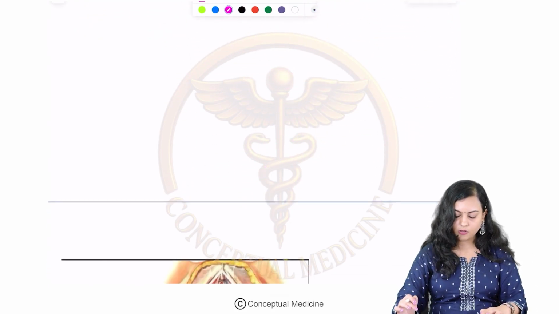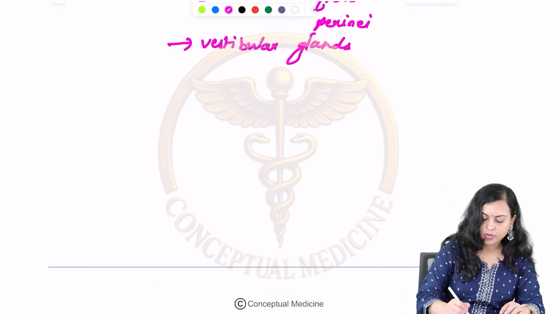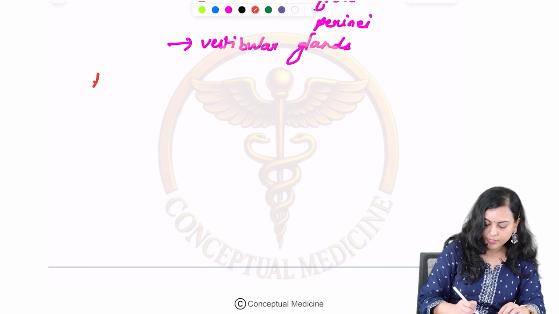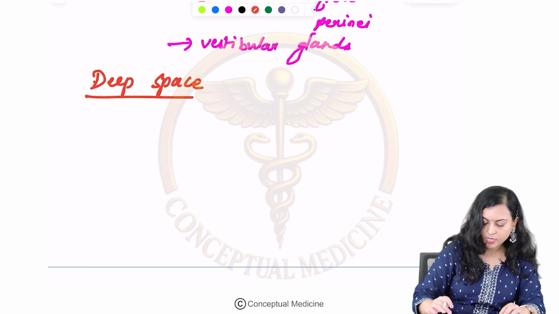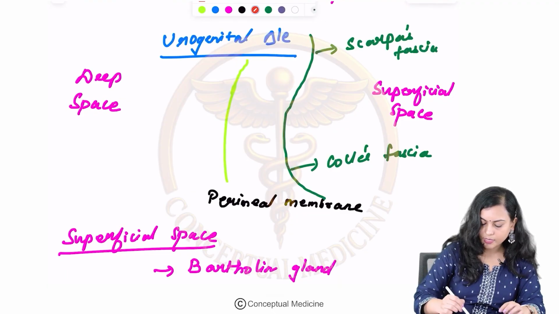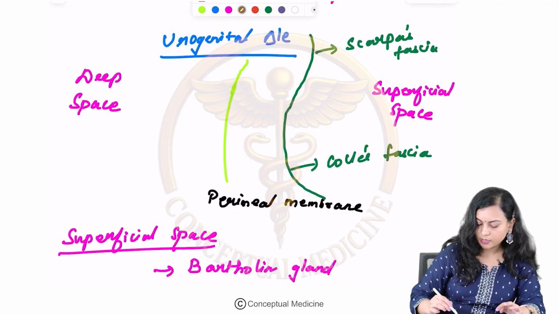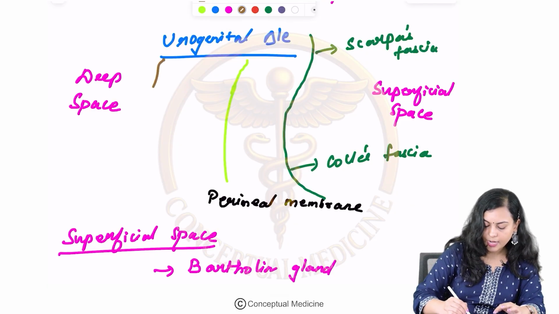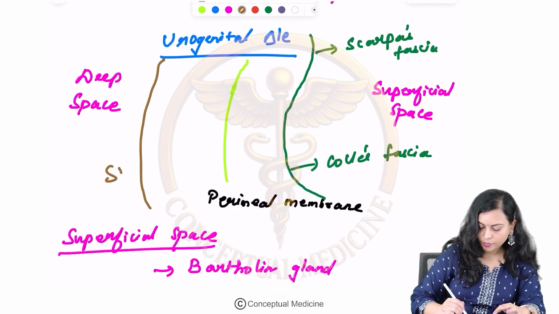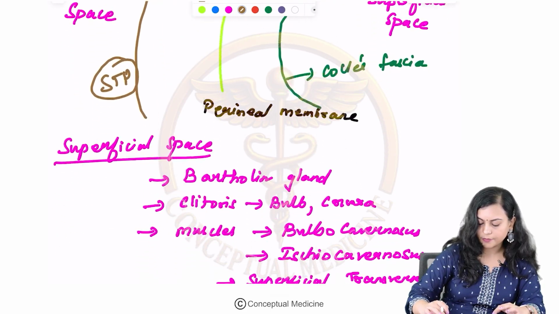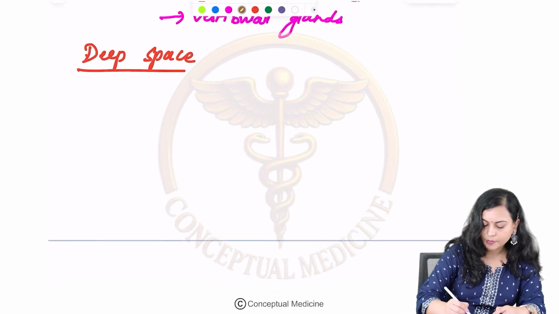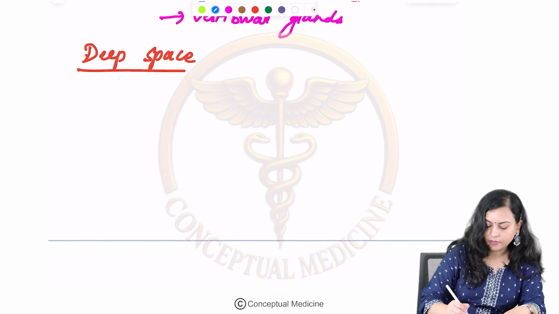Right? Now coming to the deep space. If you take the deep space, it is bounded by the perineal membrane anteriorly, and posteriorly we have the superficial transverse perineal muscle. So in the deep space, what are the contents we'll have?